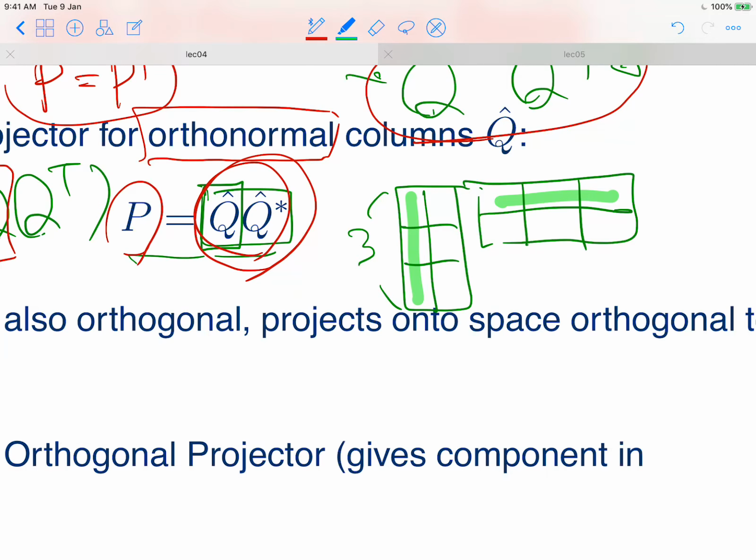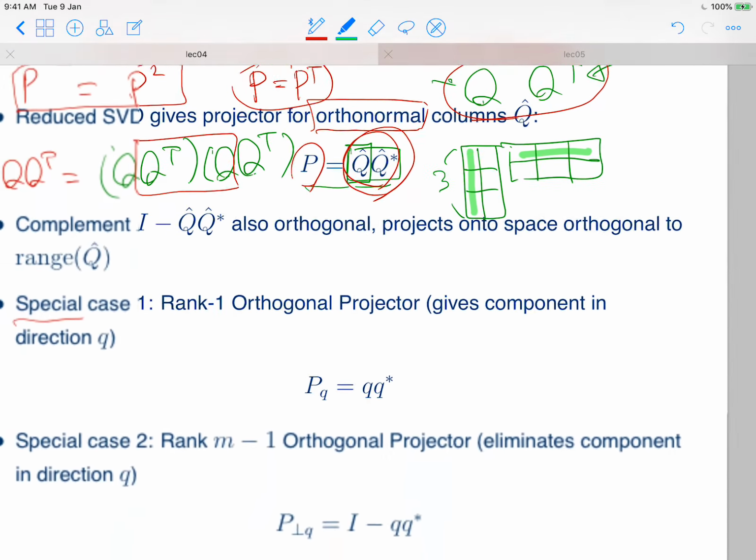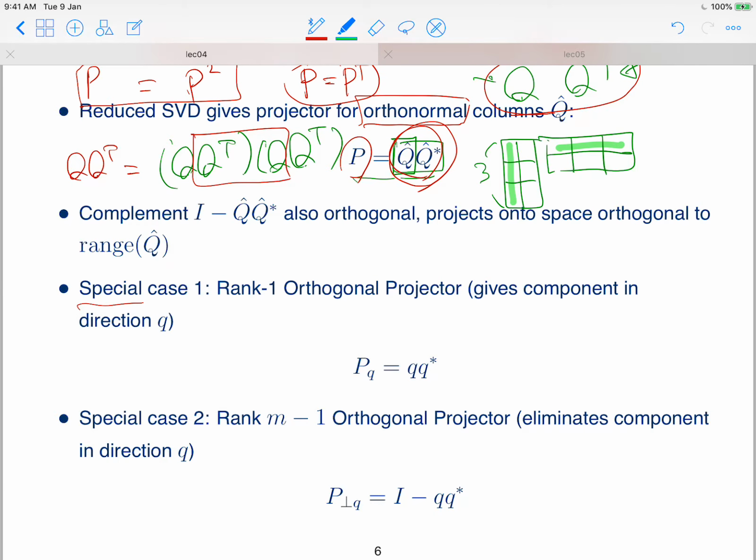And as a special case, if we just have a single vector, single orthonormal vector, which means that we only need a unit vector that has the length of 1. Okay. So in this case, for example, in the three-dimensional space, it is just a Q transpose where the length of Q is equal to 1, right?